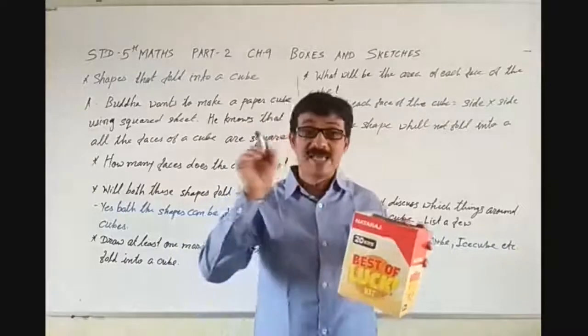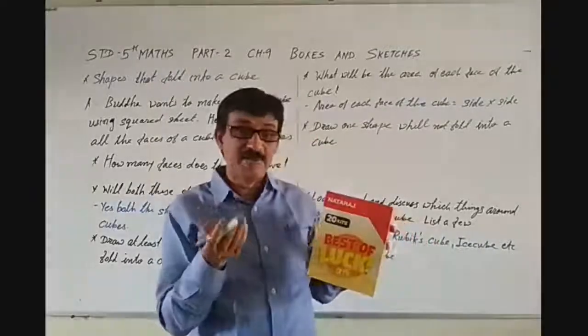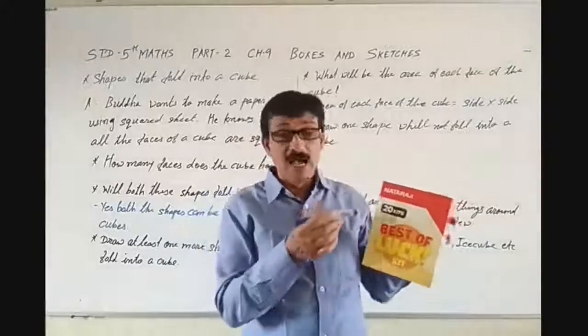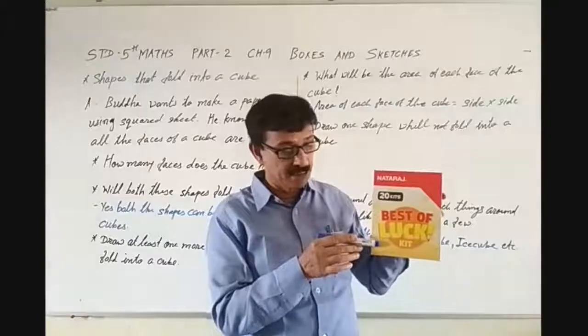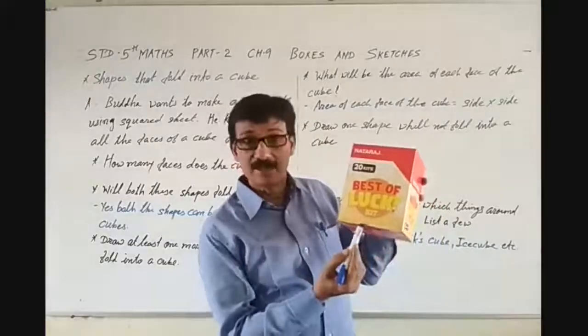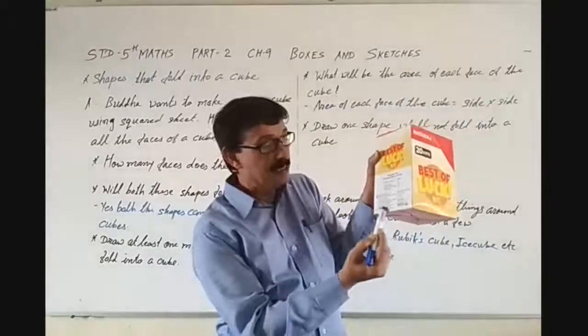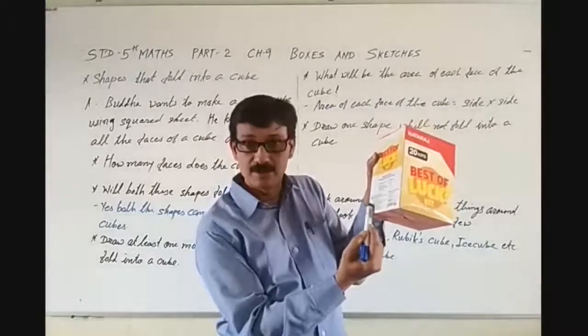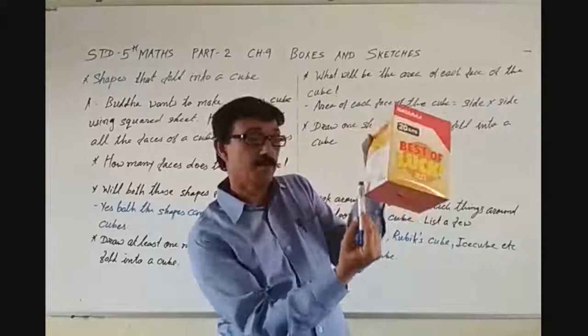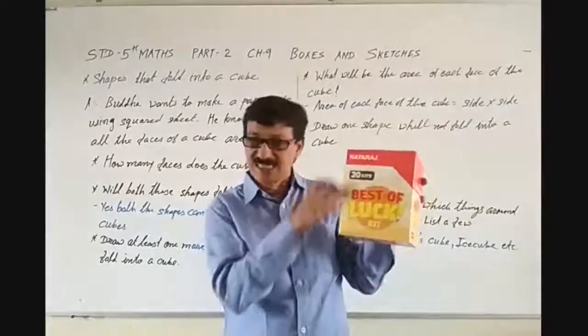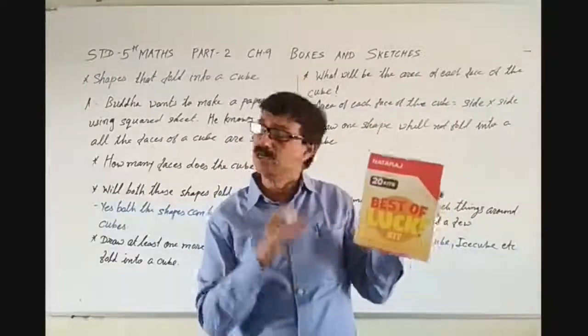Now one face is made up of, see, this is height, this is length, and this is breadth. So height, length and breadth, we can say. You can say this is length, this is breadth, this is height, anything.